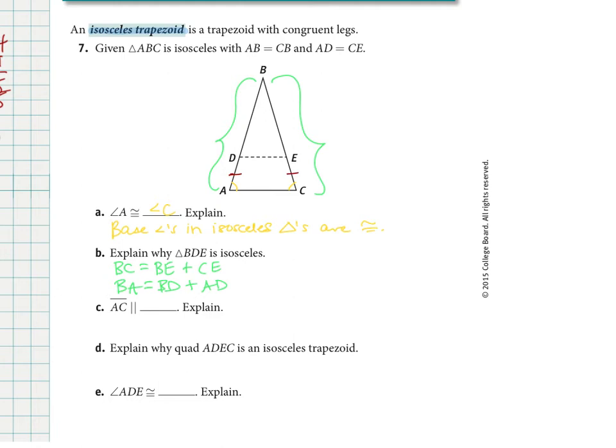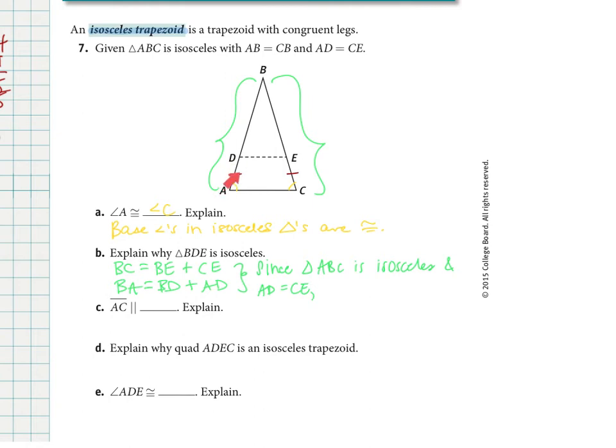So we're going to say, since triangle ABC is isosceles, and we know that AD equals CE, right?